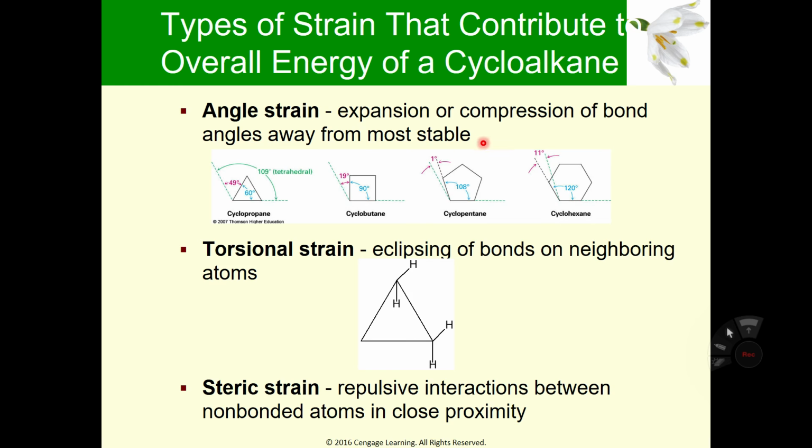What does that mean? If you look at this carbon, the carbon is sp3, and we know the angle of the tetrahedral carbon is about 109. But if you look at the geometric structure of cyclopropane, this should be about 60 degrees.